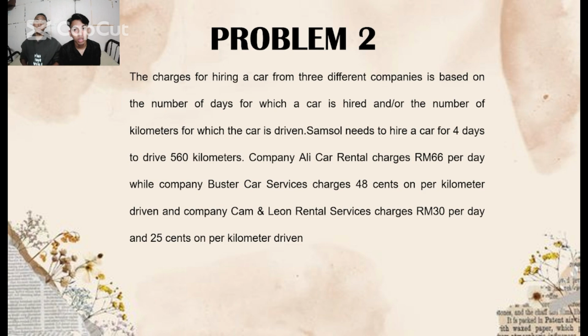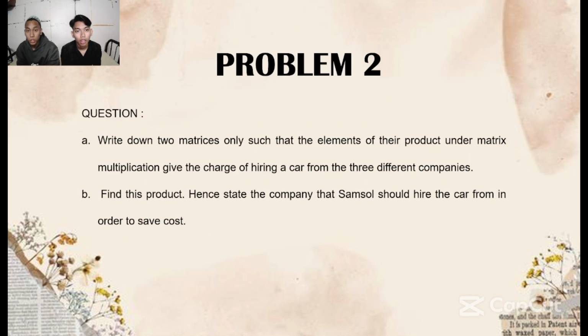Samsul needs to hire a car for 4 days to drive for 560 kilometers. Company Ali Car Rental charges 60 ringgit Malaysia per day, while company Buster Car Service charges 48 cents per kilometer driven, and company Cam and Leon Rental Service charges 30 ringgit Malaysia per day and 25 cents per kilometer driven. So let's go to the question.